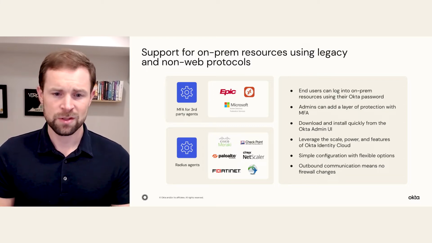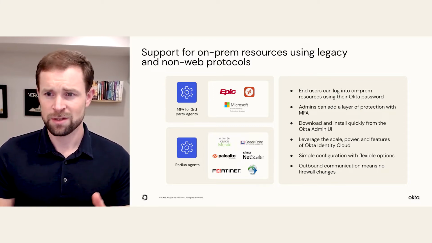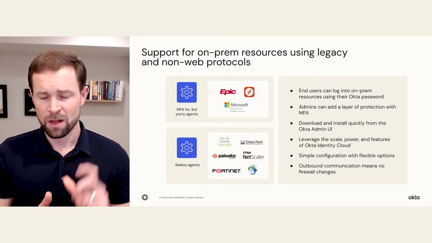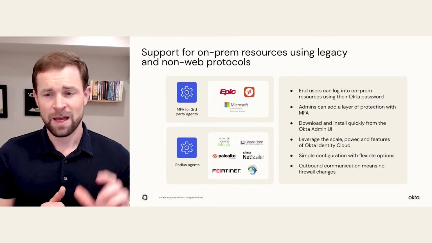And so in order to facilitate this, you can install a RADIUS server, or RADIUS agent, is what we call the Okta component, in your environment. That translates Okta authentication requests into RADIUS, and it provides a user experience for the user to interact with in order to achieve the authentication requirements for the application in a way that's completely decoupled from the web and completely different than SAML or OIDC.